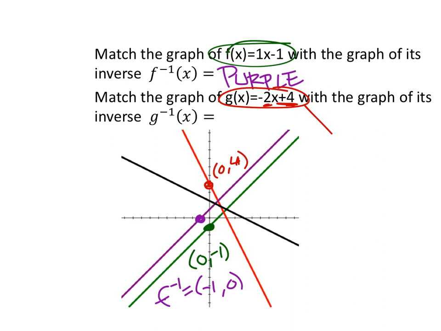Again, by the process of elimination, we could say this is the black line. But just to confirm that, we could say, well, the inverse for 0, 4 would be 4, 0. And the black line goes through that point, 4, 0 right there. So, again, I think that's multiple choice on the homework, so you just choose whichever color it is.